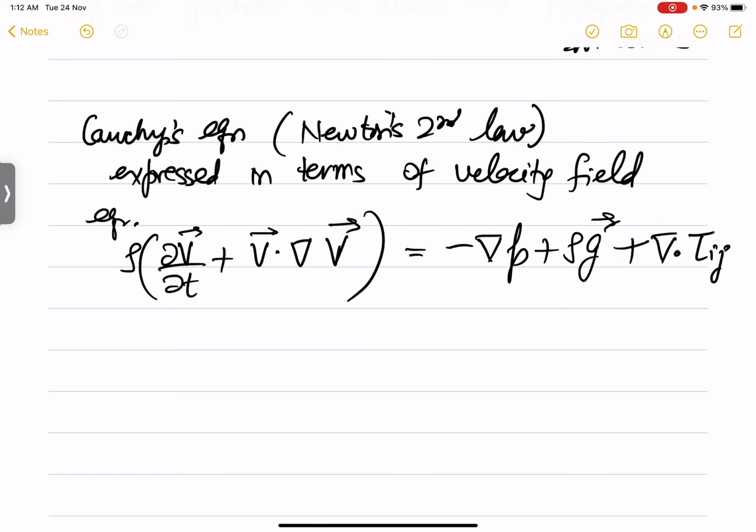And if you recall, this came from the fact that we had split the total stress tensor sigma ij into 2 parts, minus p delta ij plus tau ij.